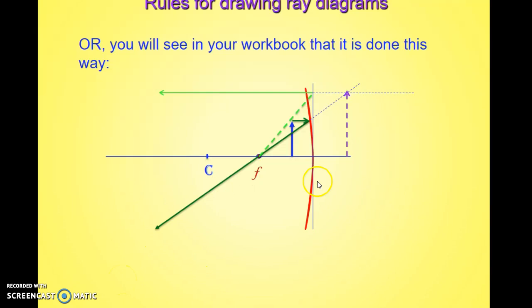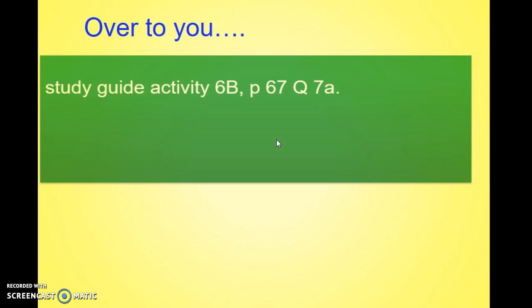Just go back. If you look at the dotted green line, what they've done is draw a line that goes from the focal point past the tip of the object all the way to the mirror, and then it reflects parallel to the principal axis. Obviously that one needs to be subtended to the back. So all three of those lines will give you the same position.